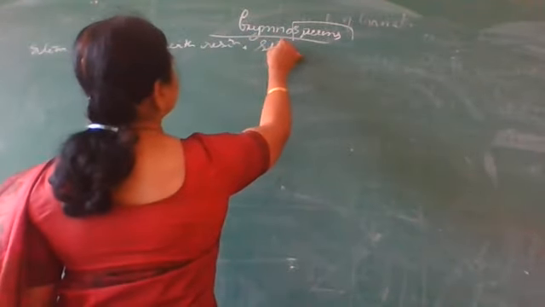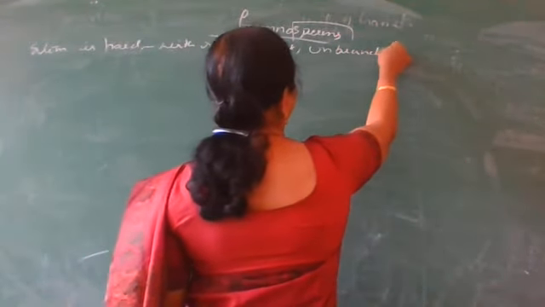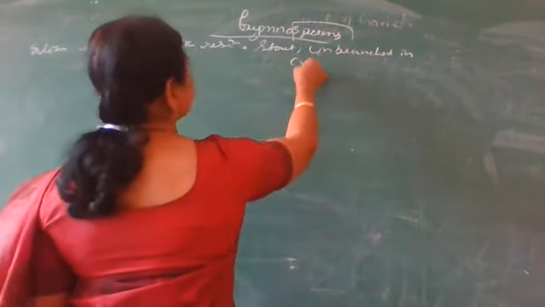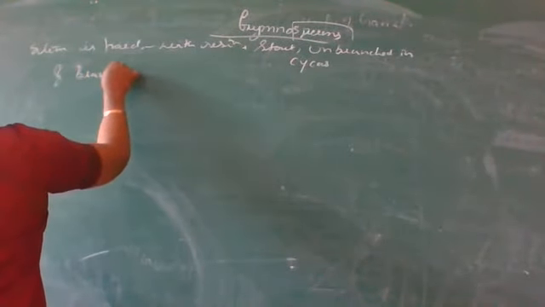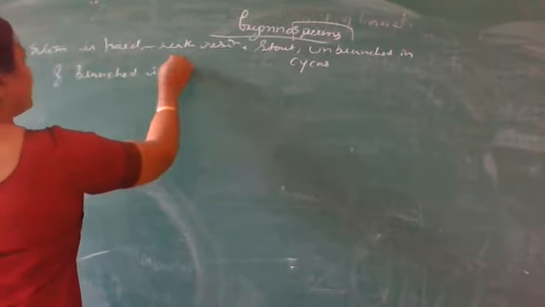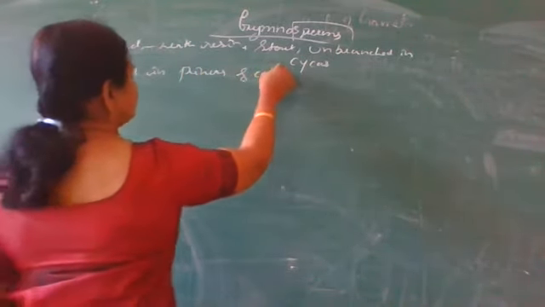Stem is hard with resin, stout, unbranched in Cycas and branched in Pinus and Citrus. So in several gymnosperms it is branched, but in case of Cycas the stem is unbranched.